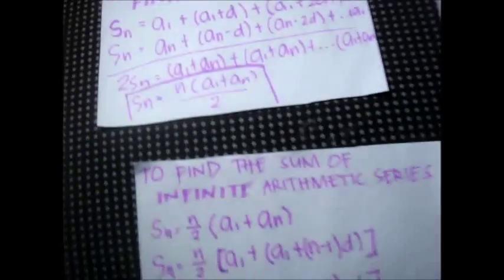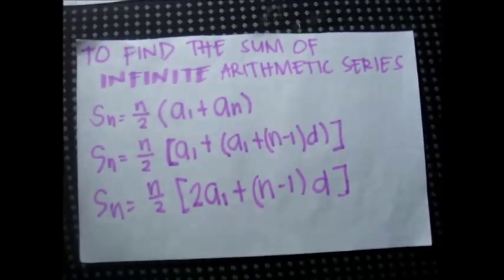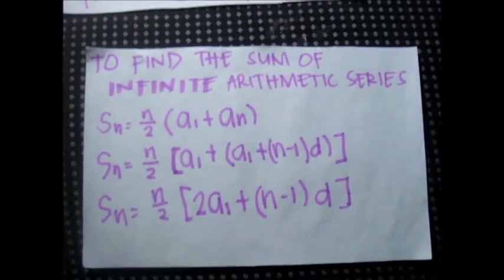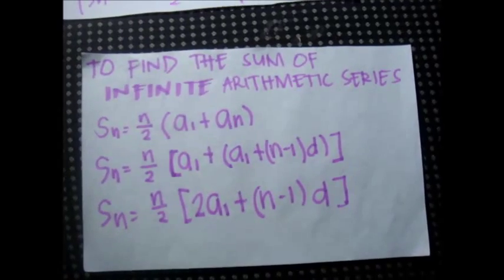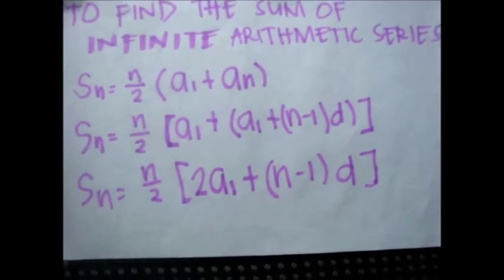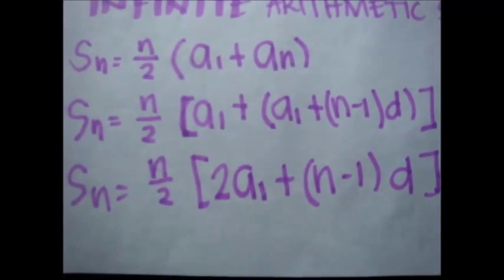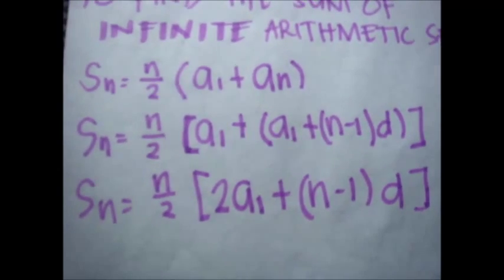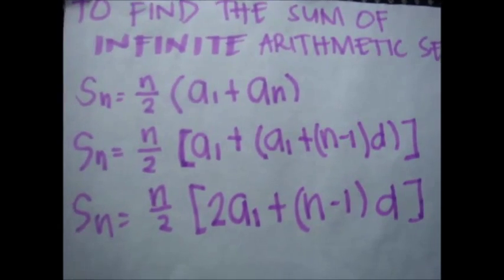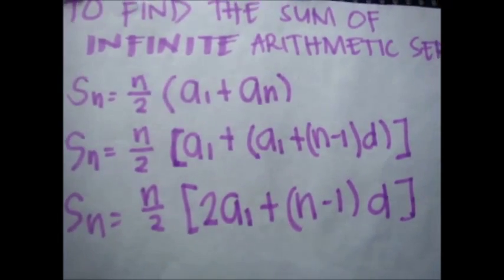Lastly, to find the sum of infinite arithmetic series, we need to use the equation s sub n is equal to n over 2 multiplied to 2a sub 1 plus n minus 1 multiplied to d.